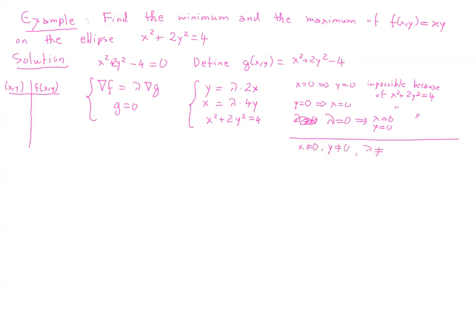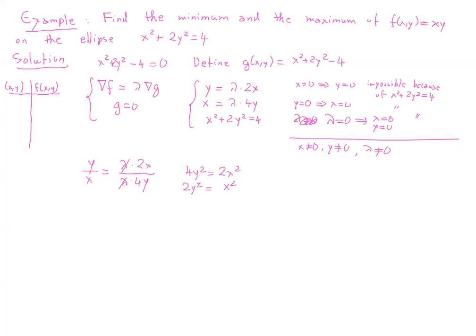So we can do something very similar to what we did before, which is divide by parts. So the first two equations: y over x equals lambda times 2x over lambda times 4y. The lambdas cancel each other. We cross multiply, and that gives us 4y squared is equal to 2x squared, which means that x squared is equal to 2y squared.